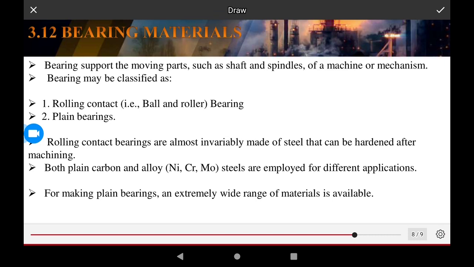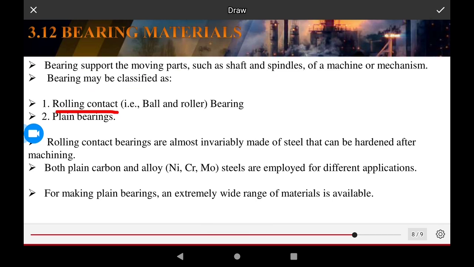Bearing materials. Very important among the others are bearing materials. Bearings support the moving parts, such as shafts and spindles of machine mechanisms. Bearings may be classified as rolling contact, ball and roller bearings, and plain bearings.